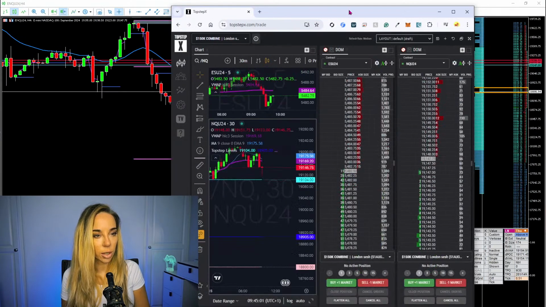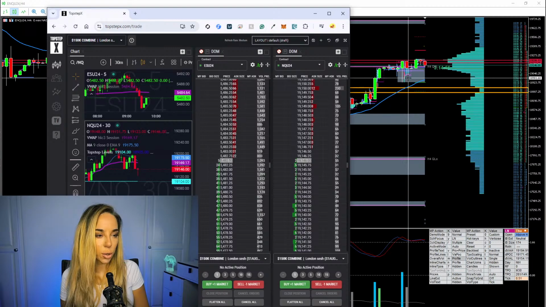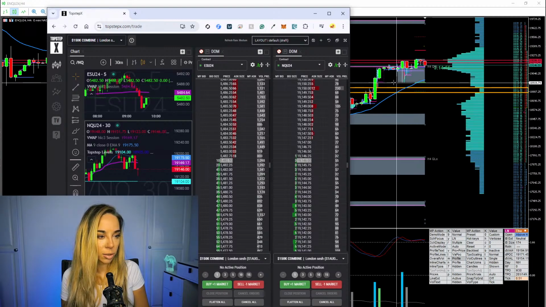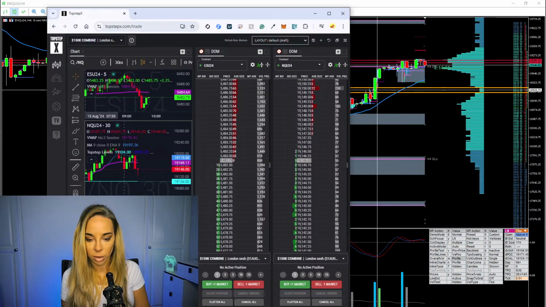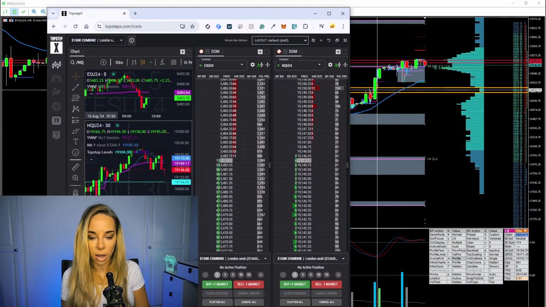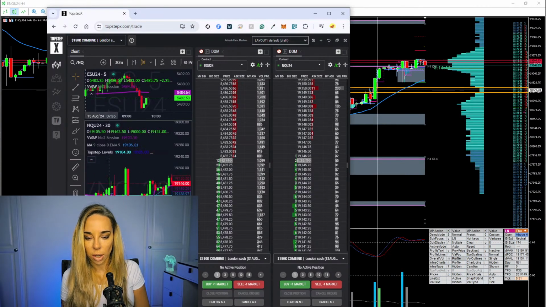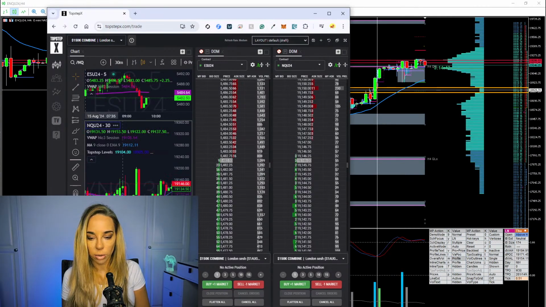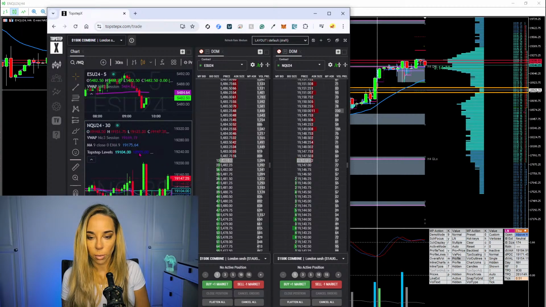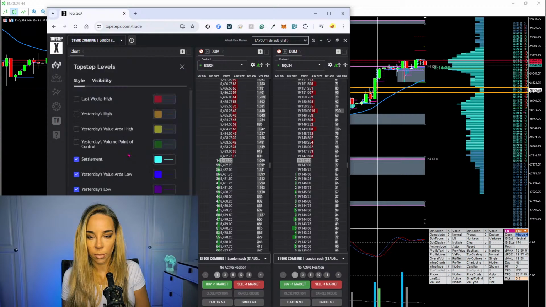Hold on, let me see. Because I'm still getting used to Topstep X. Yeah, so they have it at 189.04, so that's probably quite similar. Let me just see. Yesterday's value area low. Okay.